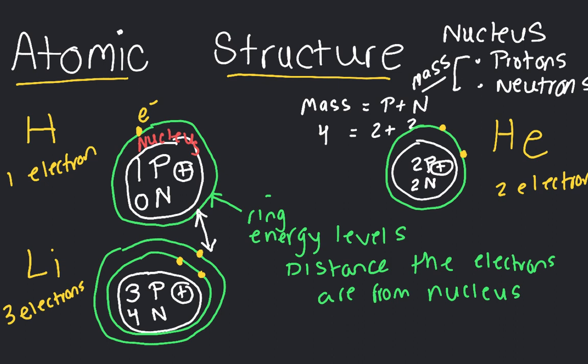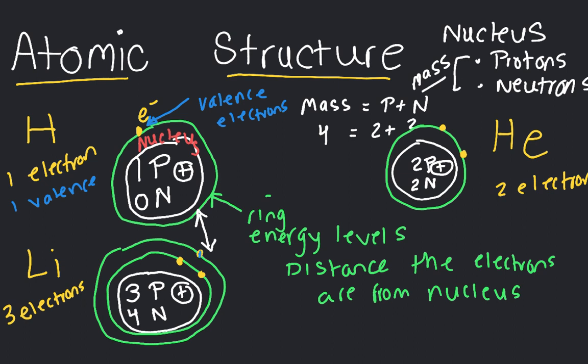So this electron that hydrogen has in its outer ring is called the valence electron. You can see that hydrogen has 1 valence electron, and it only has 1 electron, so its outer electron is its valence.